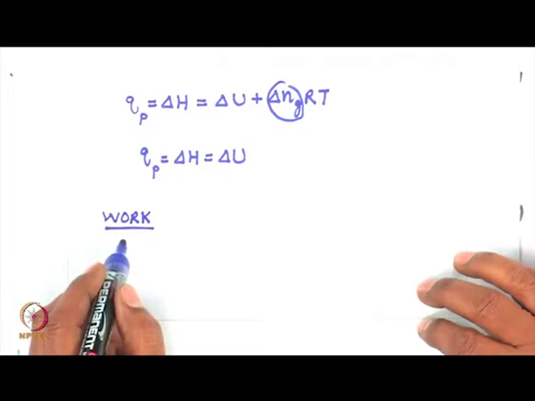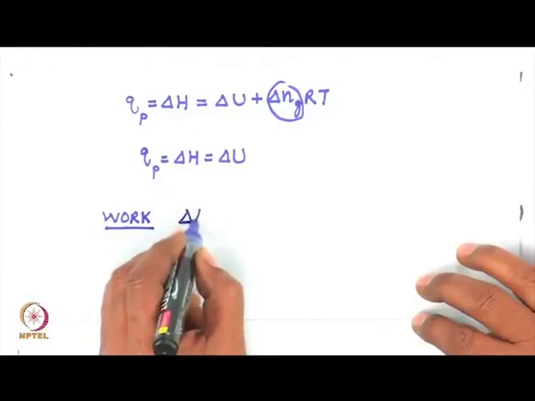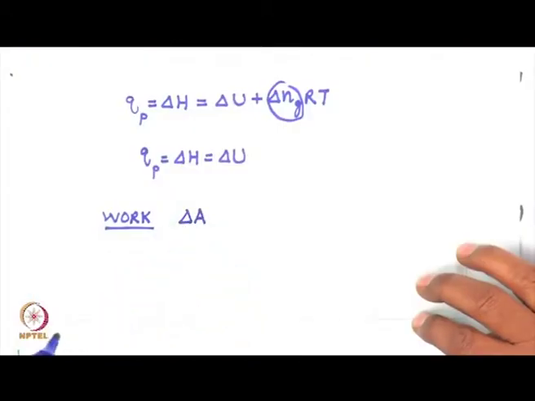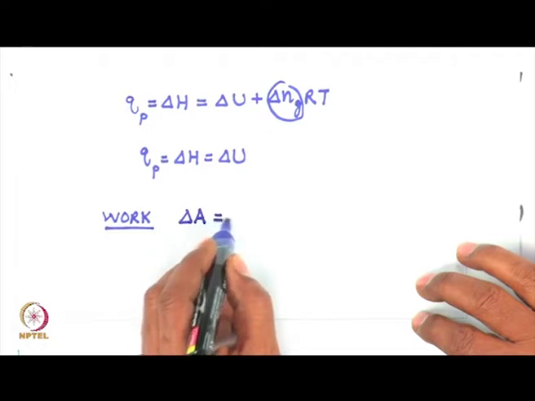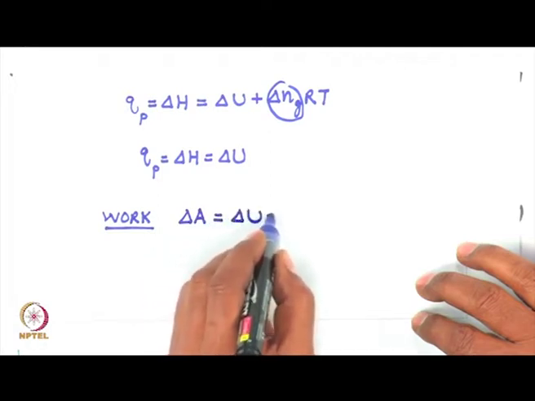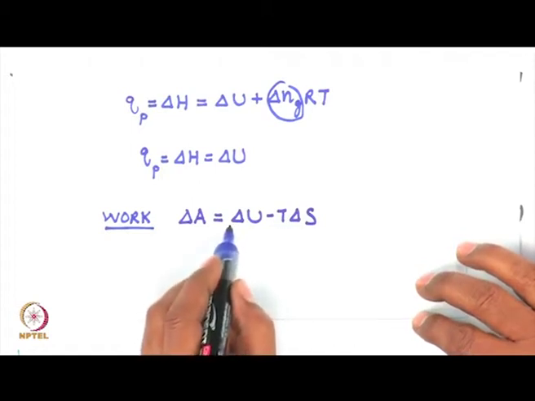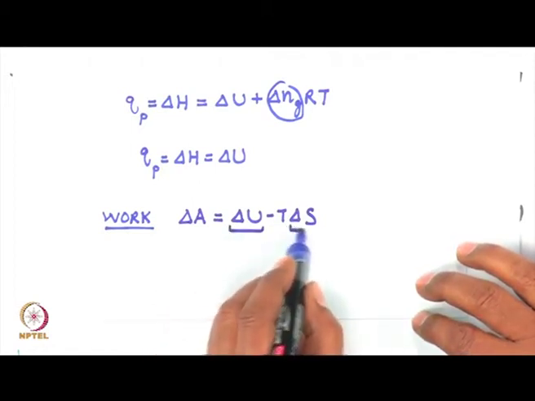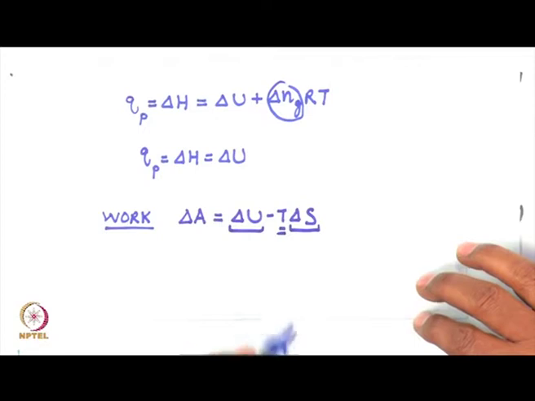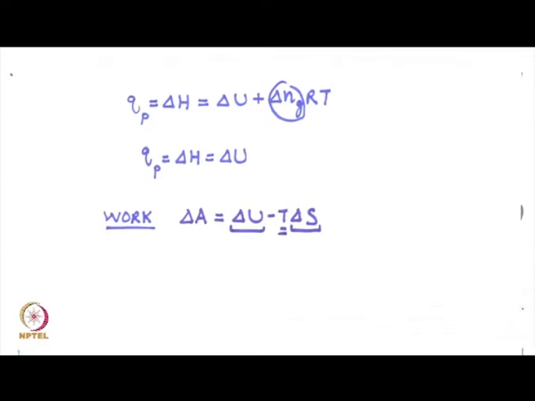When we have to calculate work inclusive of both pressure volume and non-pressure volume, we have to act on A. We have to calculate delta A, and delta A is equal to delta U minus T delta S at a constant temperature. Since we know the value of delta U, we know the value of delta S, we know the value of temperature, we can calculate the value of delta A immediately.